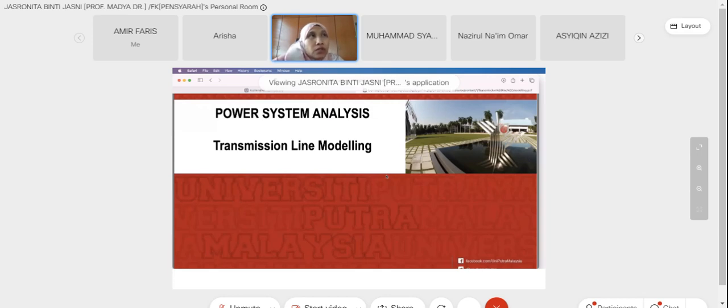Power, we know that we need to have P equals IV. So we need to have the current and the voltage.